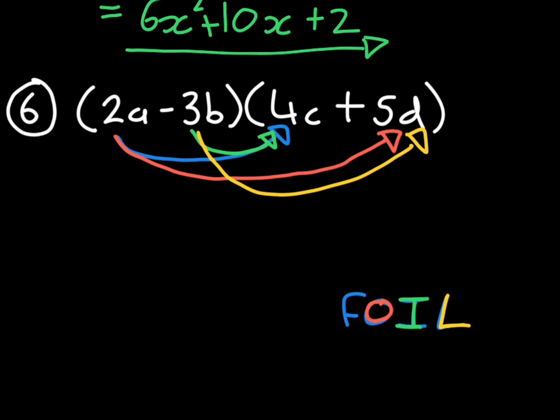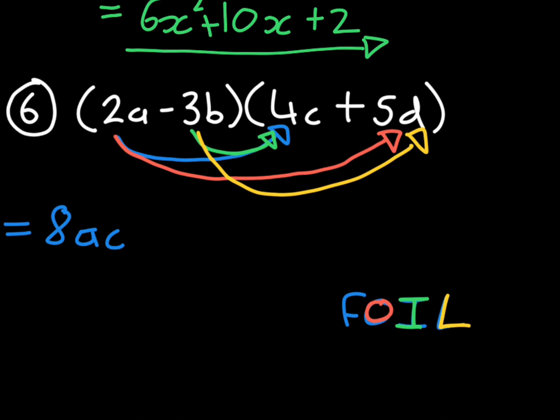So let's do that. So for F, for first, we need to multiply 2a by 4c. So 2 times 4 gives us 8, and a times c gives us ac.